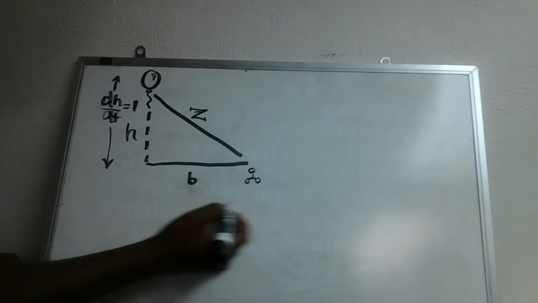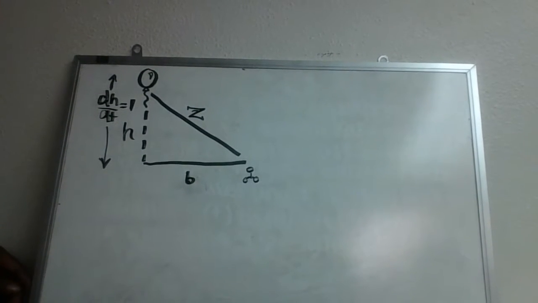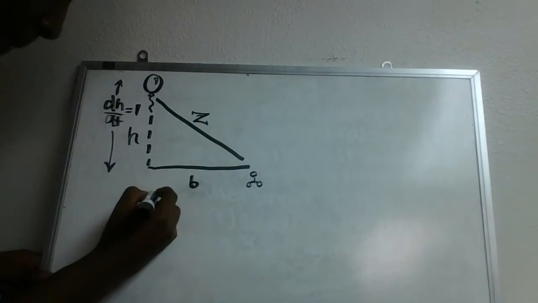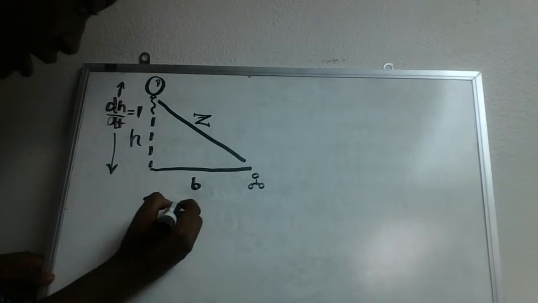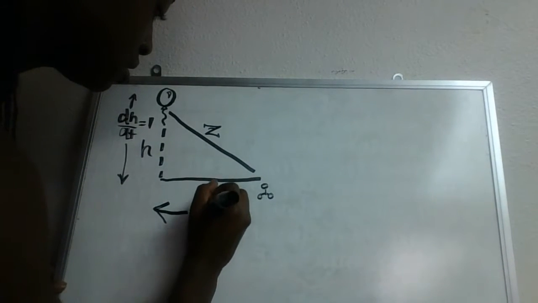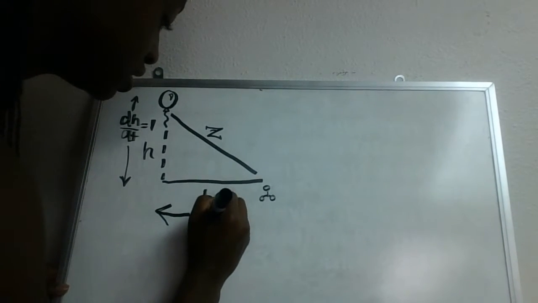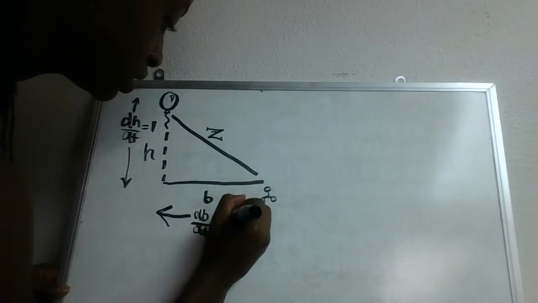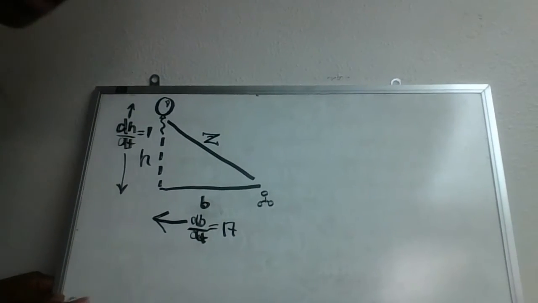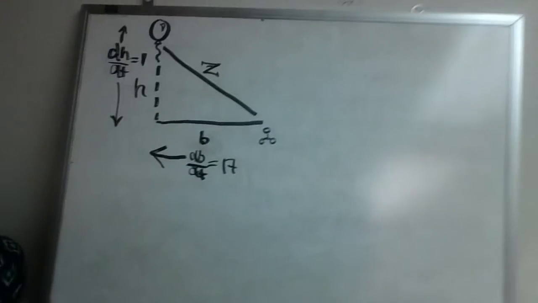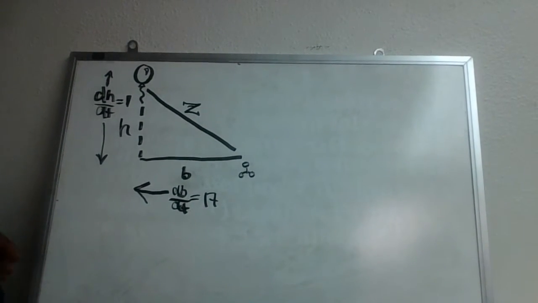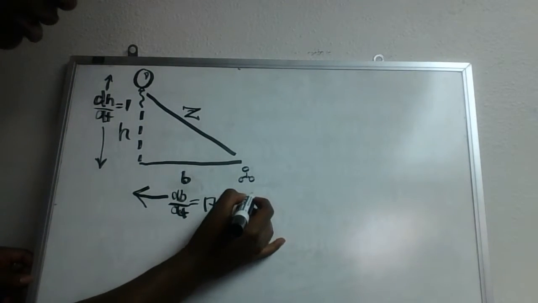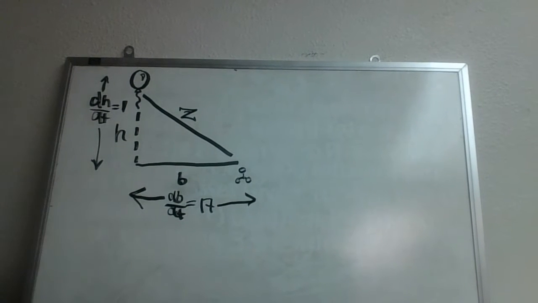As the bicycle is moving at a constant rate of 17 feet per second, we can do the same thing. This can be dB over dt equals 17, that's for 17 feet per second, because that's the speed the bike's going at.